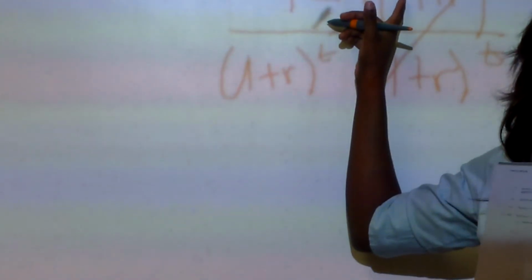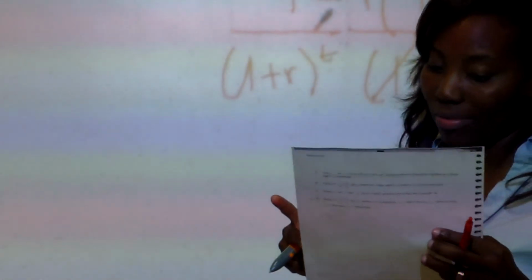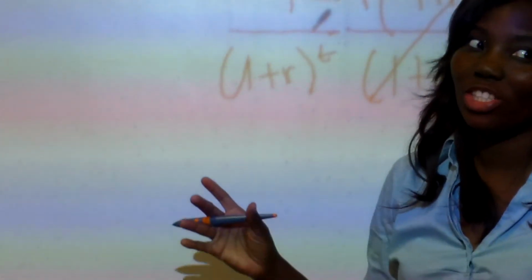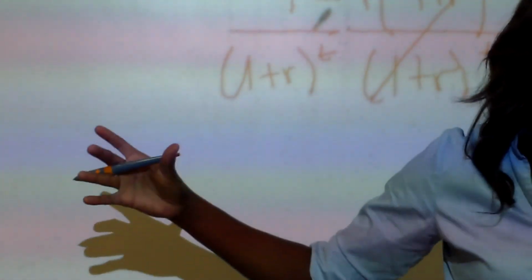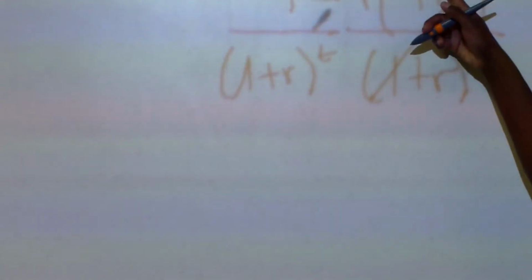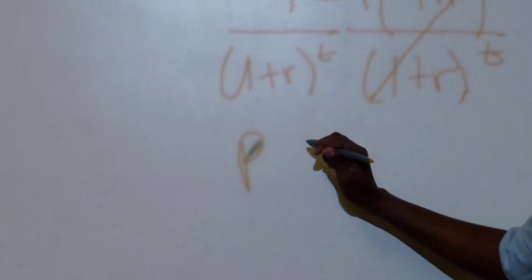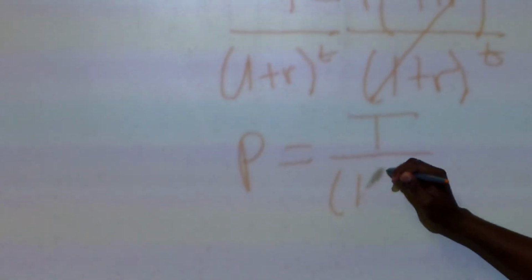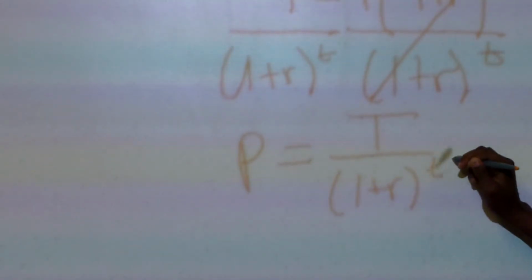Especially when you do 11 for homework, if you notice it's a P on the outside, you should not distribute, because why are we going to distribute when we want to keep it by itself? So all you have to do was just divide, and so your answer ended up being P equals T over 1 plus R to the T power.